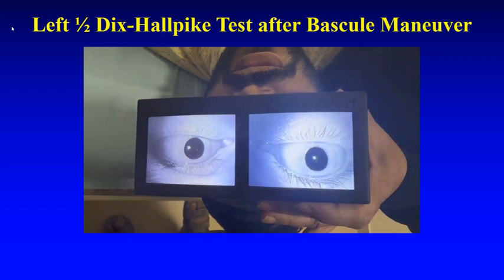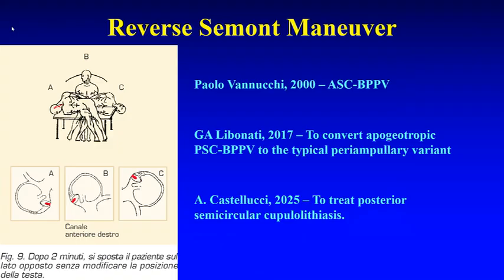So, whenever some new maneuver is developed, it's important to know its history. The Bascule maneuver was first used by the great Paolo Vannucci, an audiologist who practices in Florence, Italy, to treat anterior semicircular canal BPPV.